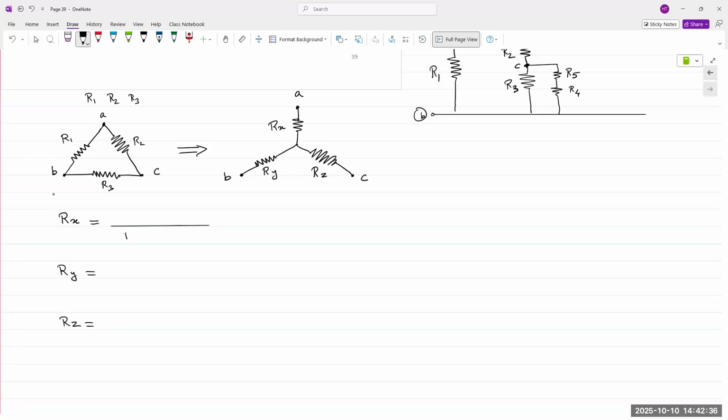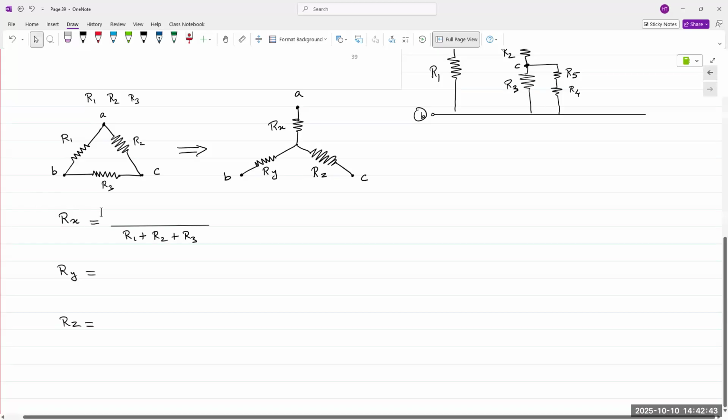The denominator is the sum of the three resistances. So R1 plus R2 plus R3. I'm going to be a little bit lazy and simply paste it. And the numerator is the product of the two resistors that were connected at that node.